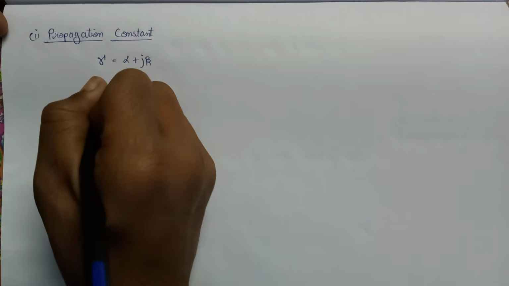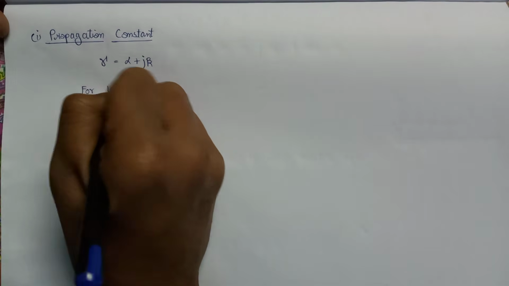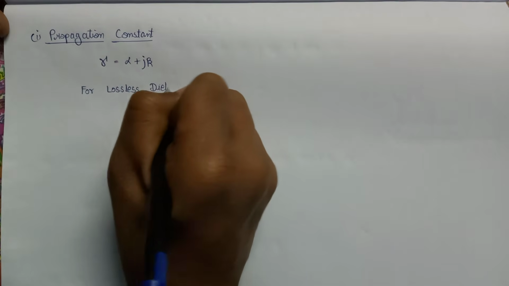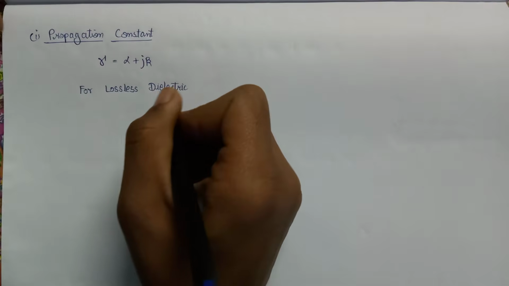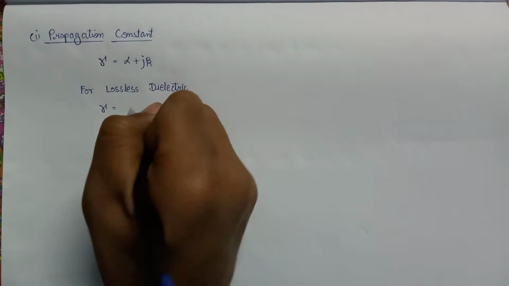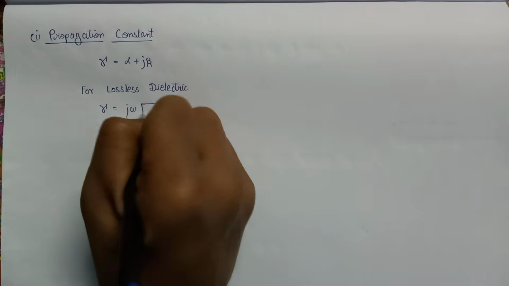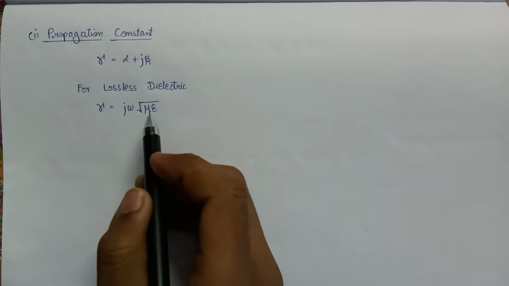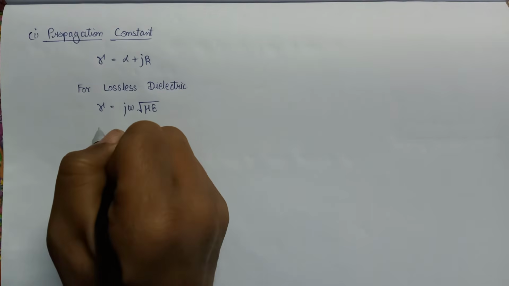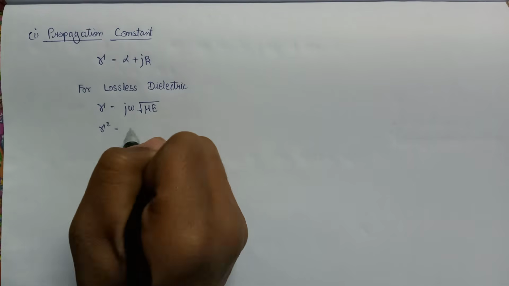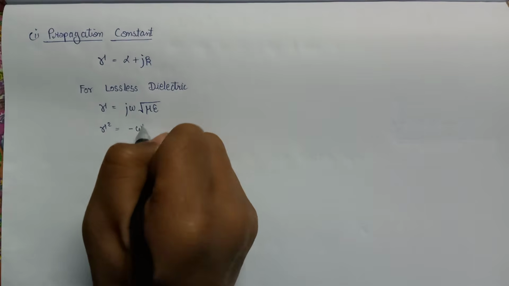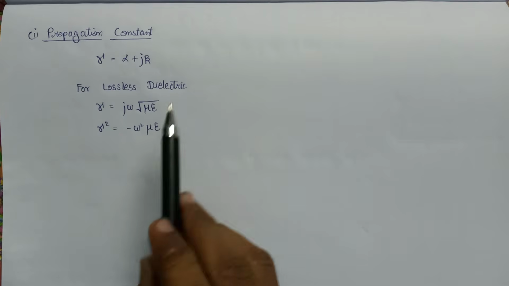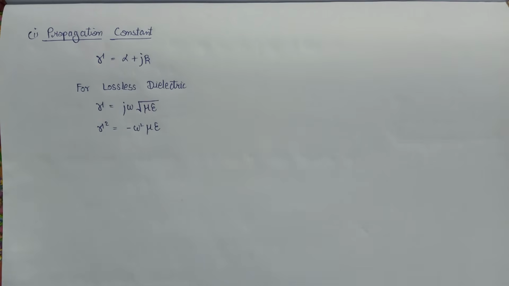For a lossless dielectric, the propagation constant gamma equals j omega root mu epsilon. And gamma square is equal to minus omega square mu epsilon. This is all about the propagation constant for a lossless dielectric.